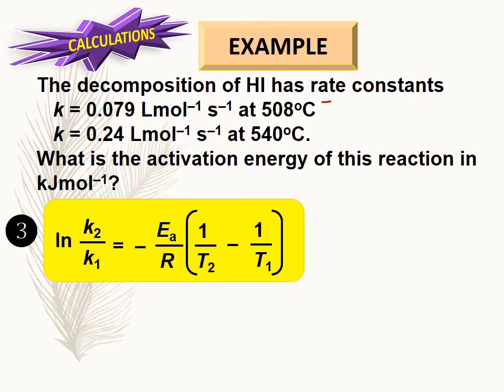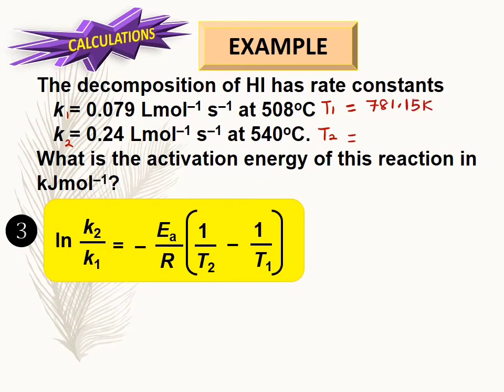Okay, so awak identify dulu. So biasanya kalau temperature yang lebih besar tu adalah final dia lah. So kita anggap ini adalah T1, ini adalah T2. So kalau tu T1, ni K1, ini K2. Like that. So remember class, I said that the temperature should be in Kelvin. Convert dulu dalam Kelvin please.